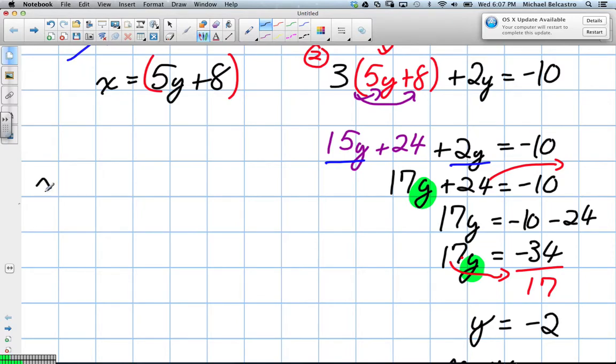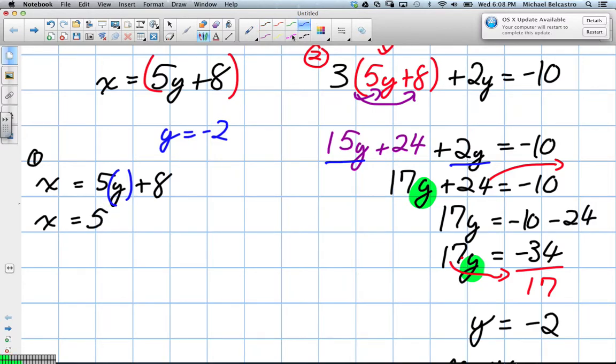So we're going to take this first equation again. It said x was equal to, so equation 1, 5y plus 8, okay? And remember, our answer was y was equal to -2, so we're going to replace y with -2. So x is equal to 5 times -2 plus 8.